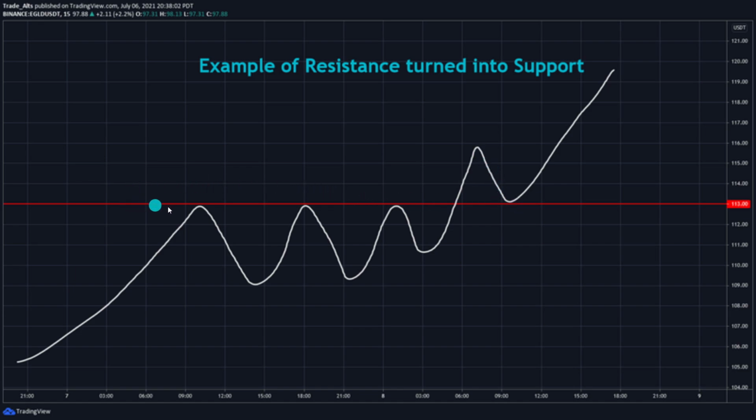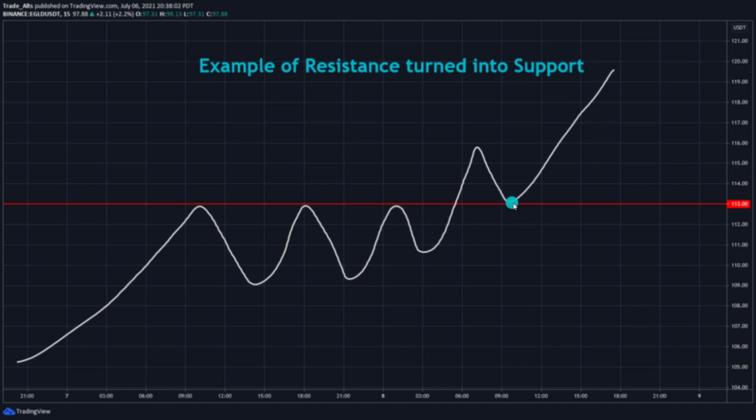Right? So again, you have this really critical resistance level, price pushes through it. It's the back test of the resistance level that could give you the nice long opportunity, because the reason this level is a nice long opportunity is because your invalidation is simply losing this level again.